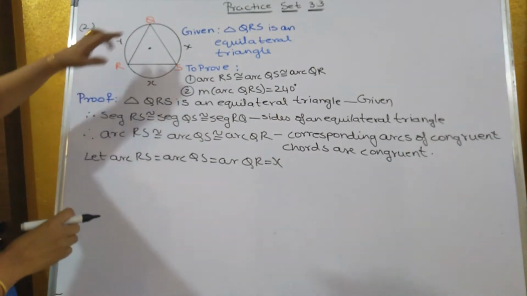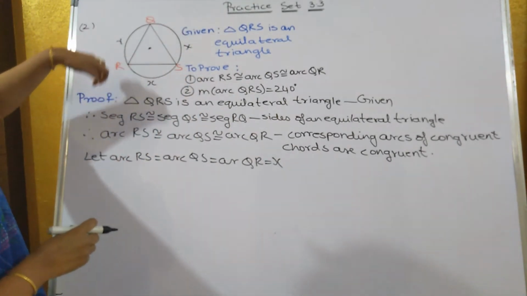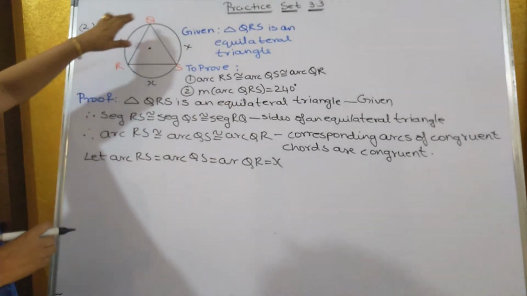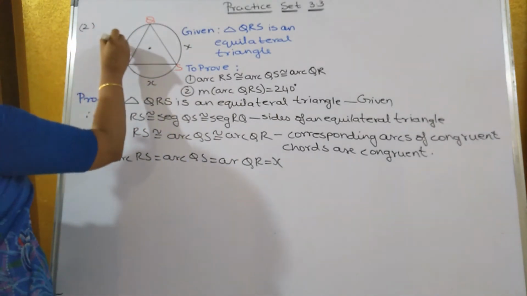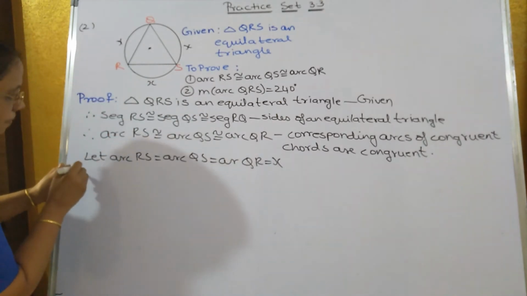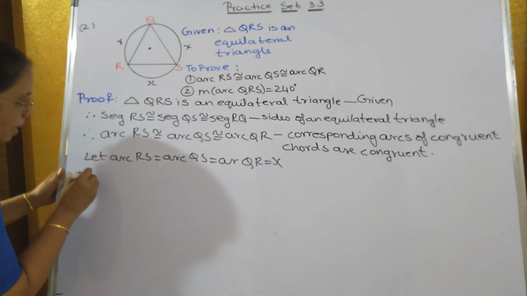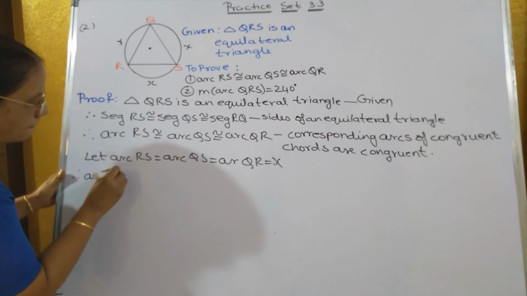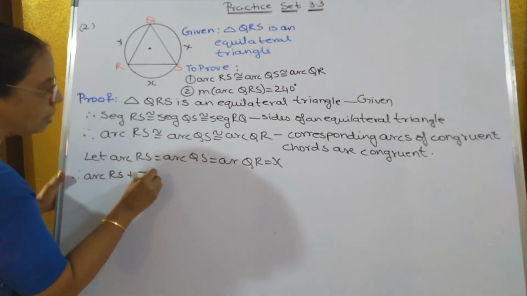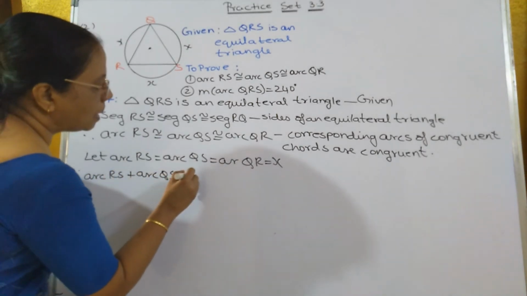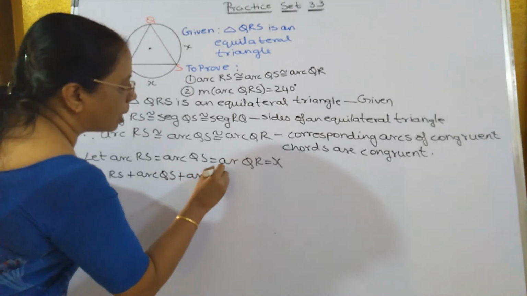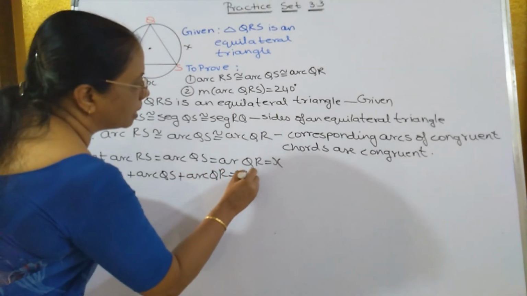Now we know that when you add all the three arcs, we'll get a complete circle, and the measurement of a complete circle is equal to how much? 360 degree. Therefore, arc RS plus arc QS plus arc QR should be equal to 360 degree.